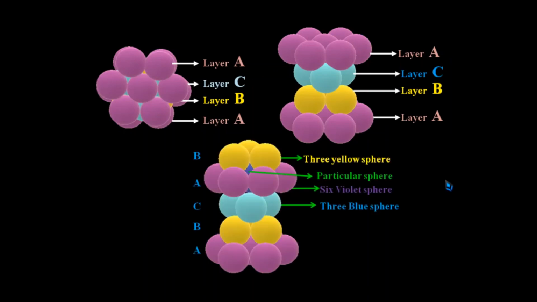Here we determine the coordination number. This blue color ball is considered as a particular sphere, above which 3 yellow balls and below which 3 blue spheres are arranged. That means 3 plus 3 is 6, and around this blue color ball 6 violet color balls are arranged. Total becomes 12. So the coordination number in ABC type of crystal packing becomes 12.